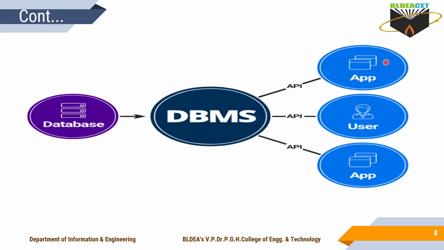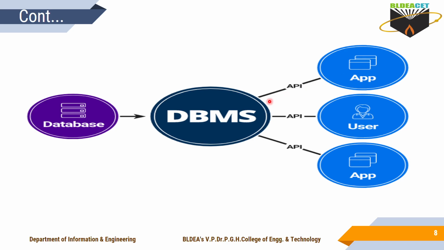Now you already know what data and database are. Let's see one example to demonstrate what your database and DBMS are. There are different types of apps. All the apps collect different data, and the related data you want to store in one container. That container we call the database.